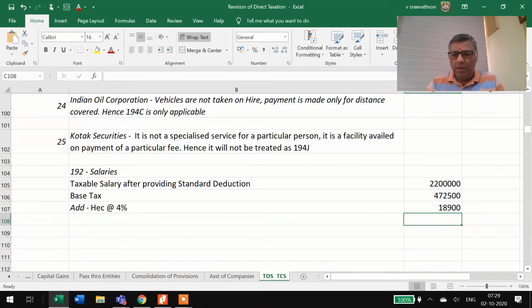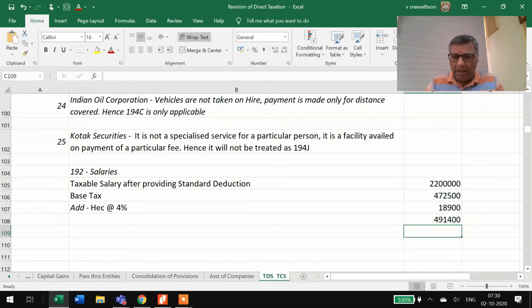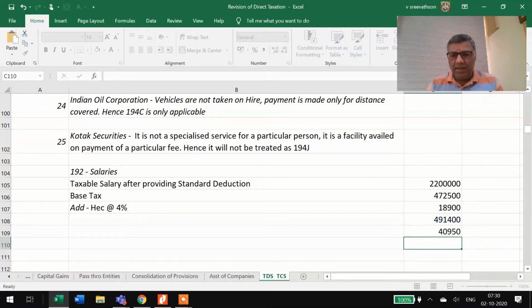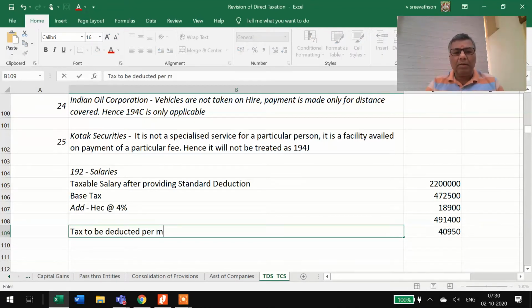So my total tax liability comes to 4,91,400, divided by the number of months of employment. Tax to be deducted per month is always the annual tax divided by the number of months.